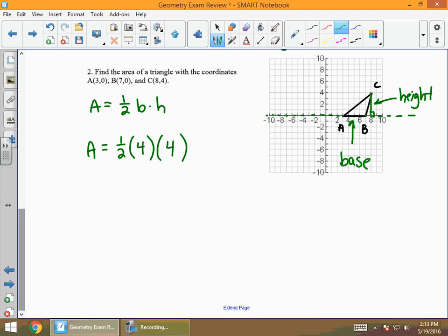So the area is 1/2 of the base, which is 4, times the height, which is 4. Well, 4 times 4 is 16, and half of 16 is 8. It is an area, so this is units squared. 8 units squared. And I believe that's it for coordinate geometry.